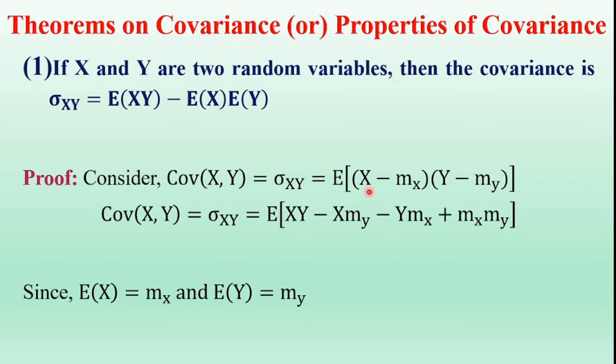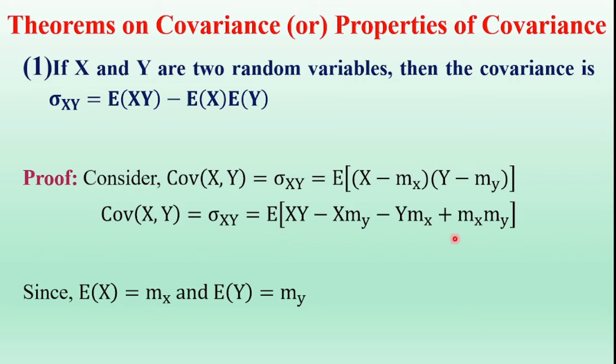So that is x into y minus x into my minus y into mx plus mx my. Using the property of expectation, the expectation of a sum of random variables is equal to the sum of their individual expectations.